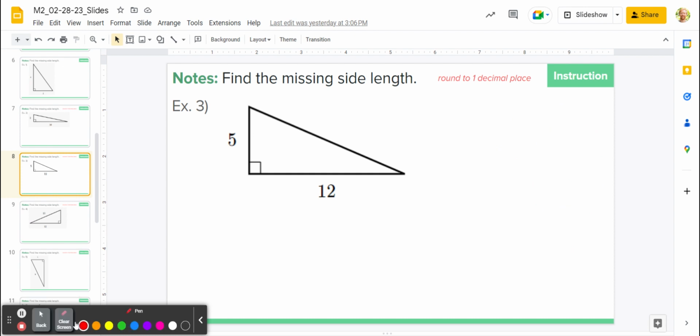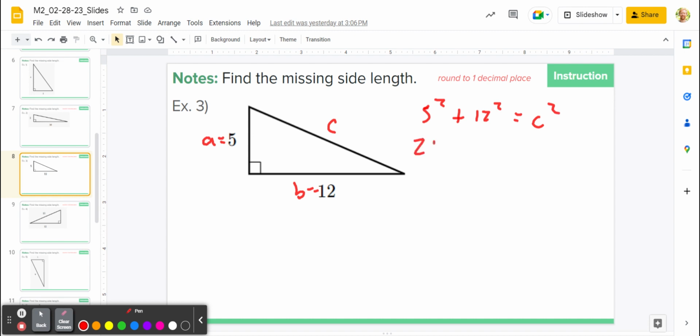All right, and let's do one more example where we're dealing with a missing hypotenuse. Again, pause your screen, try this yourself, check it against mine. c is going to be our missing side. a is equal to 5. b is equal to 12. We set up our formula, so we'll have 5 squared plus 12 squared equals c squared.